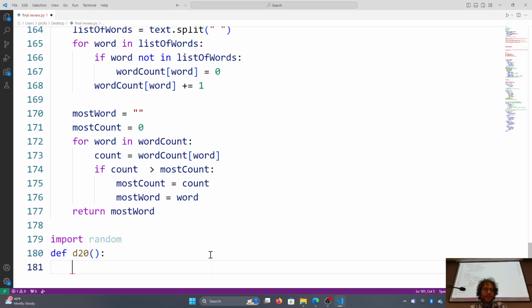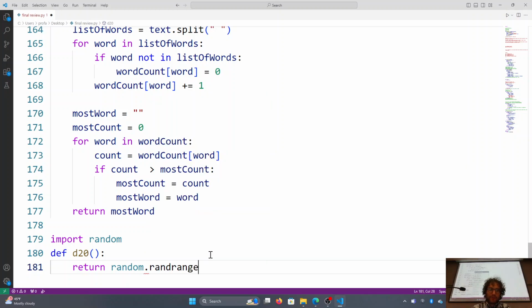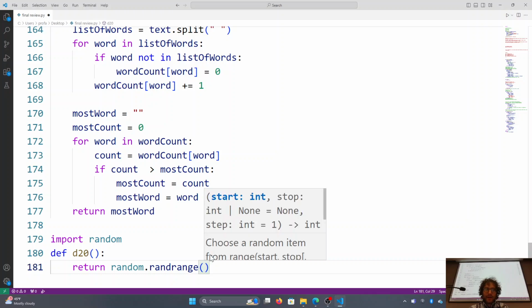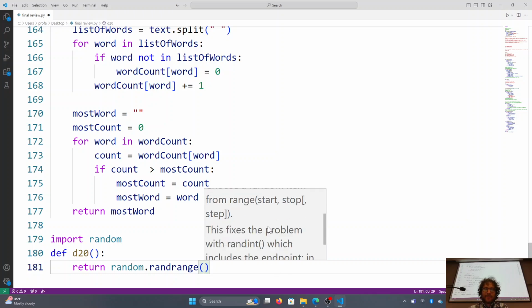Okay, so what we're going to do over here is we're going to use return random, and then we have to remember which one we're doing. Random range is most likely what we want, because random range chooses a random item from range, start, stop.